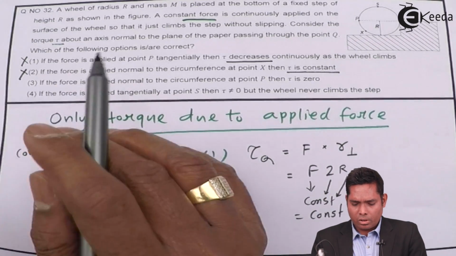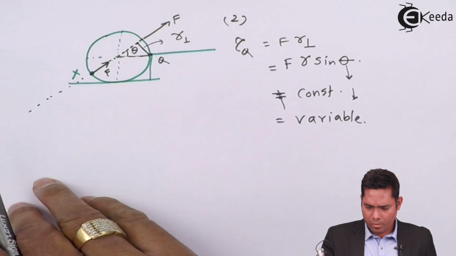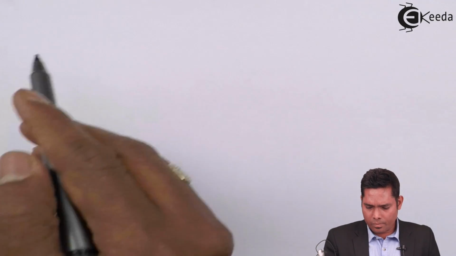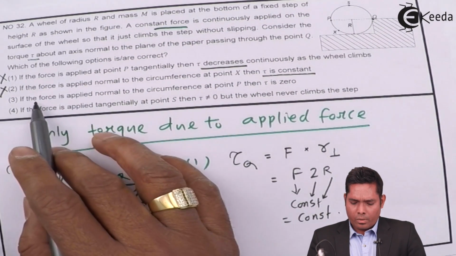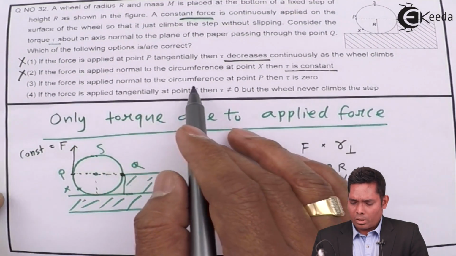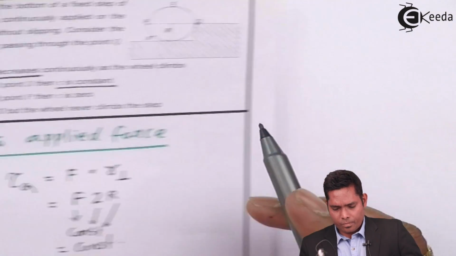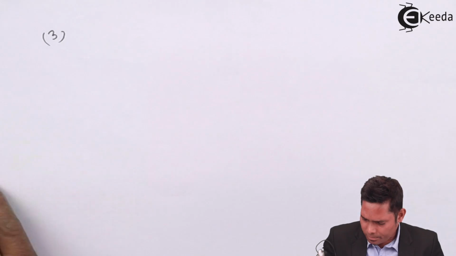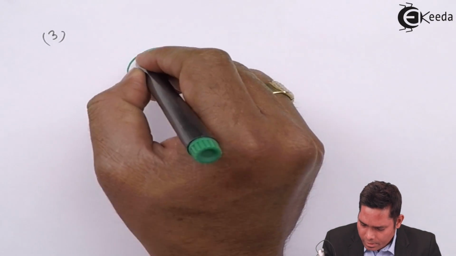Let us see the third option. The third option says if the force is applied normal to the circumference at point P, then torque is 0. So what is the situation? The situation is like this.